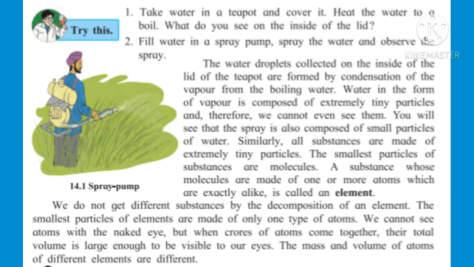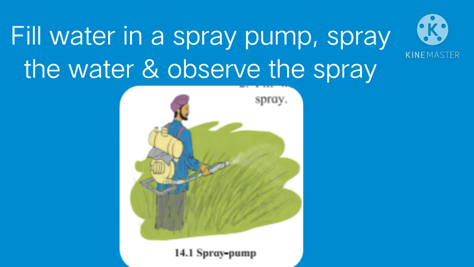Water in the form of vapor is composed of extremely tiny particles and therefore we cannot even see them. Now second activity, fill water in a spray pump. Spray the water and observe the spray. What will you see?